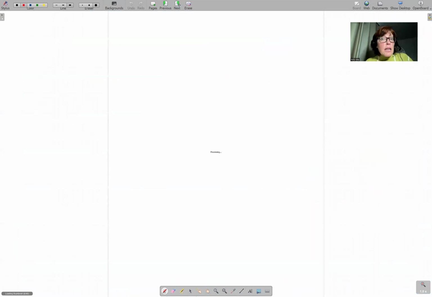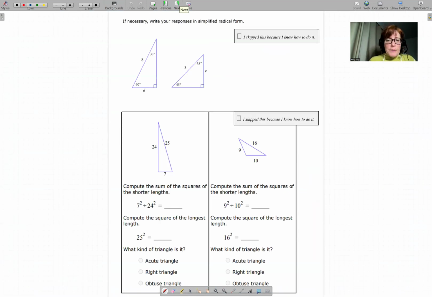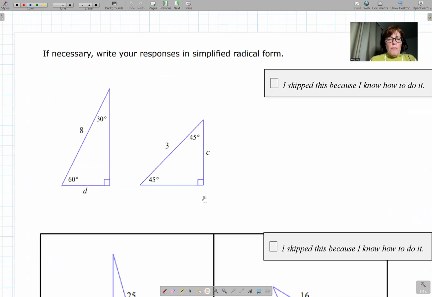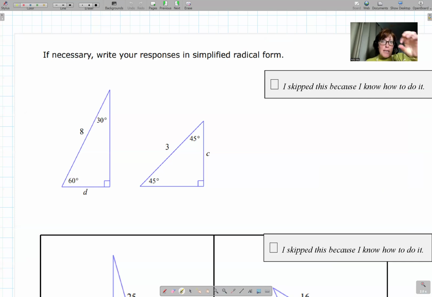Have two sides, need a third side, tag. All right, 30, 60, 90: short leg, root 3, short leg times 2.